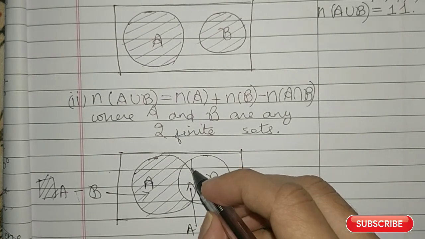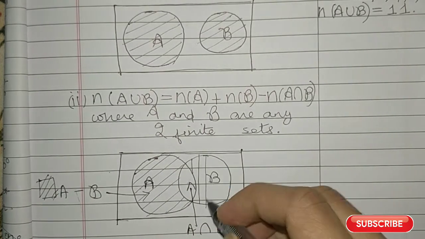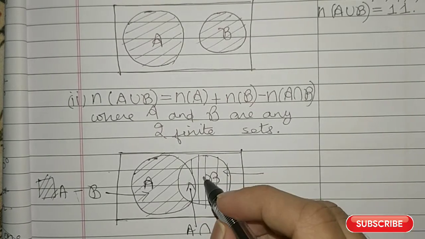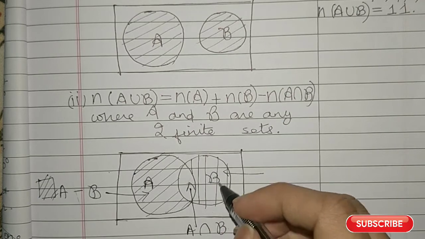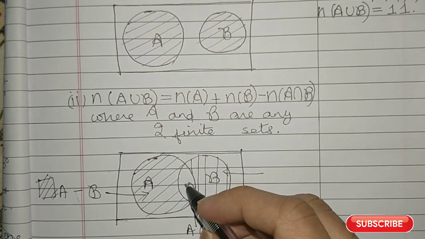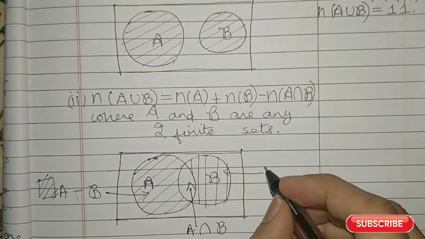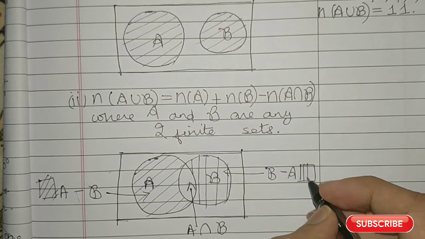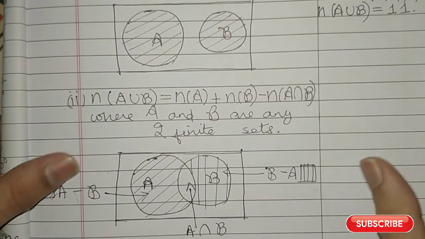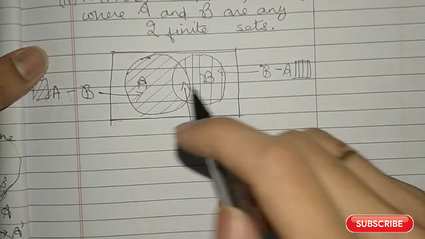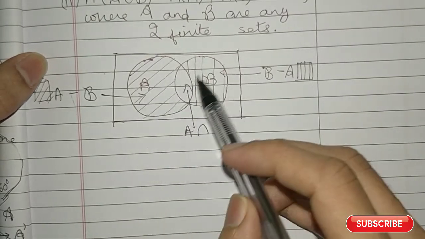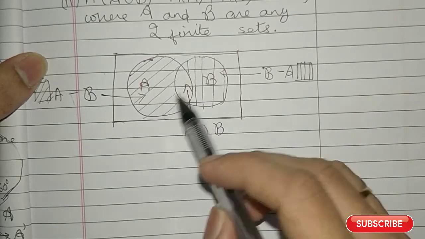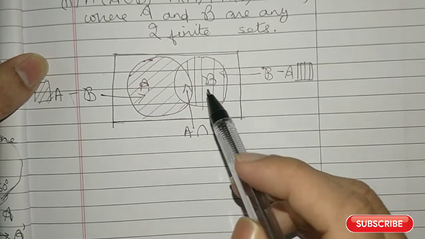Now similarly if we take this region here, so this region will be what? Now I am taking all the elements of B which are not in A. So this will be B minus A, this region. Now see, everything here is what? Including A and B, that is A union B, right.